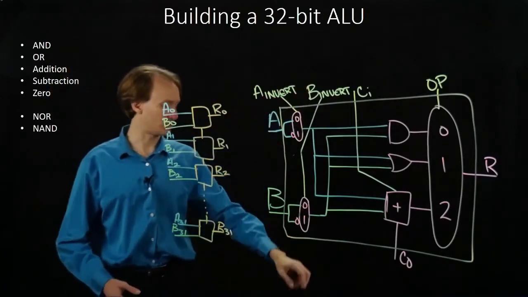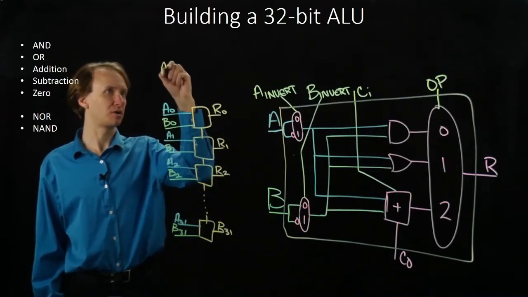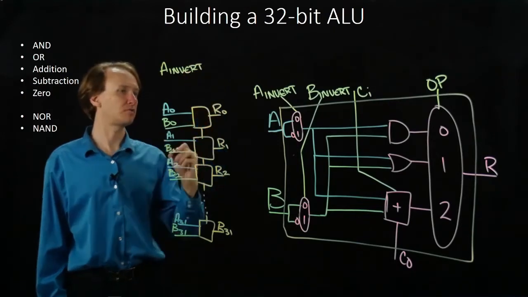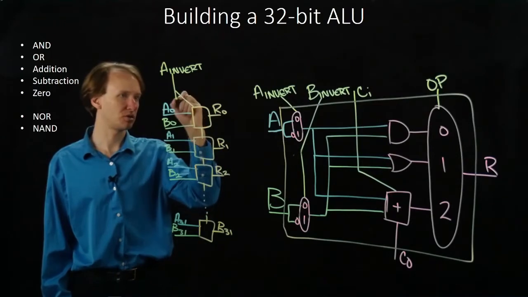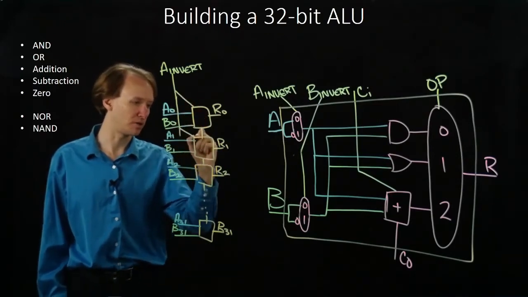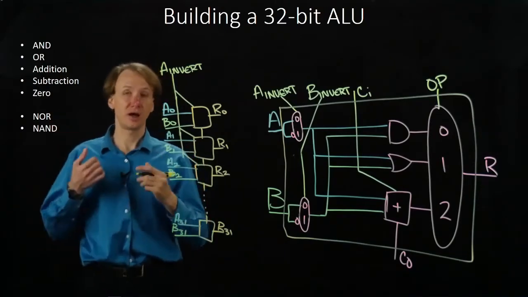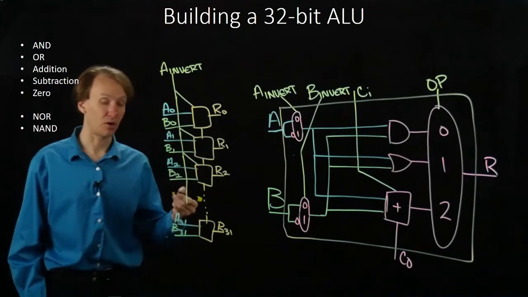Now we have all of the control signals. So I have an A invert line, and I definitely need to pass this one to each one of the 1-bit ALUs that I've got. In order to do NOR or NAND, I need to invert all of my A's and all of my B's.